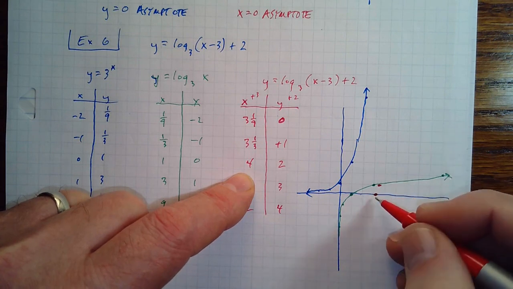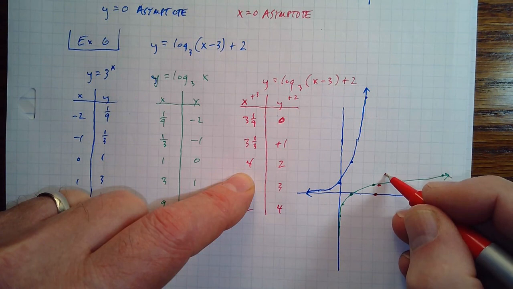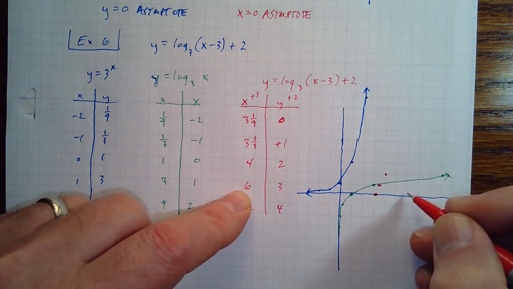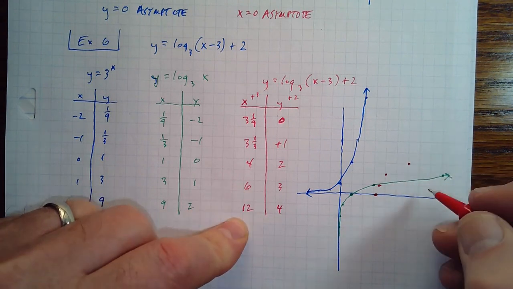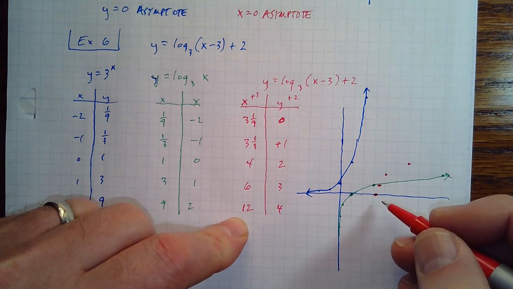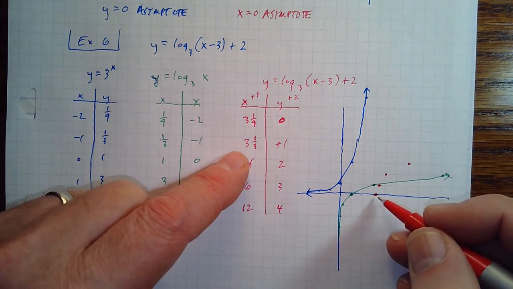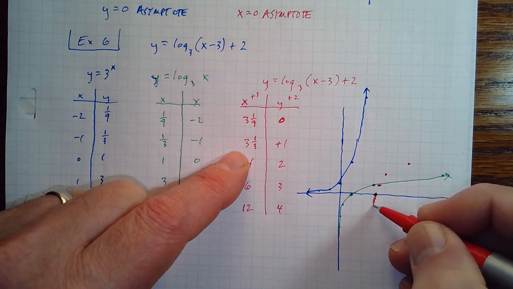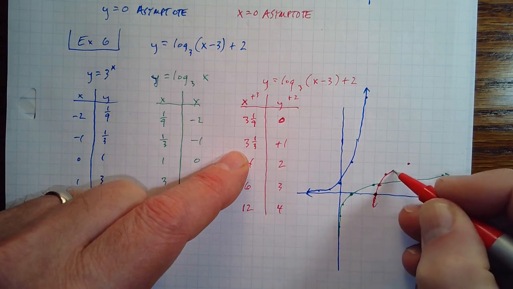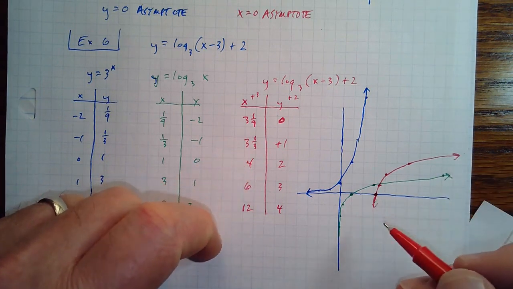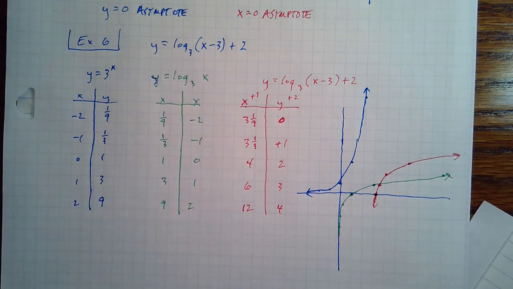Let's see, 3, 4, 2. 6, 4, 5, 6 gives me a 3. And 12 out here gives me a 4. Let's get to these littler guys. So that's basically just going down like that and up like that. So it's slid 3 to the right and 2 up.